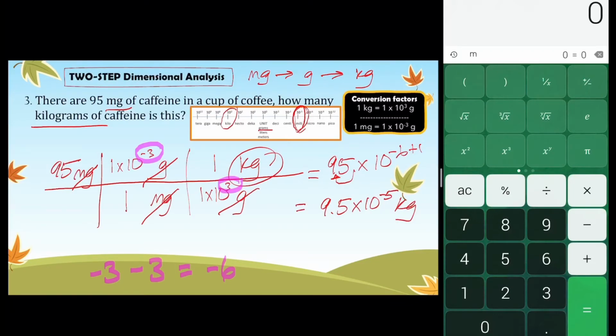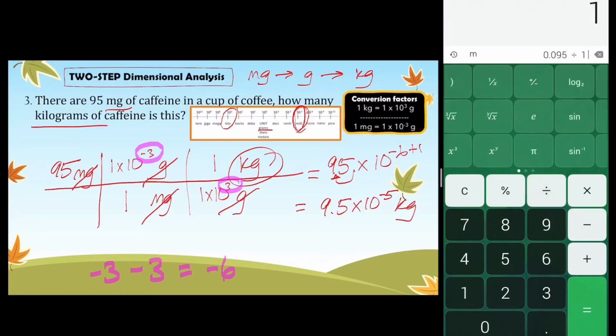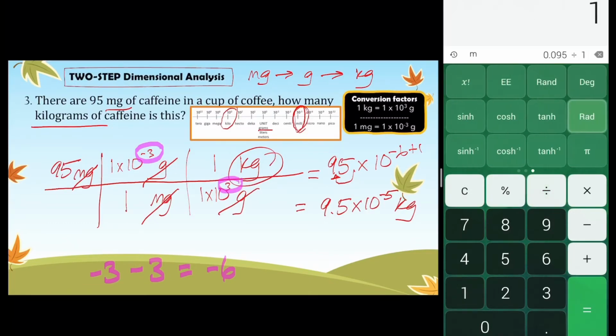Let's verify our calculation here using a calculator. 95 times 1, find that exponent button, negative 3, equals, divided by 1 exponent 3 equals.